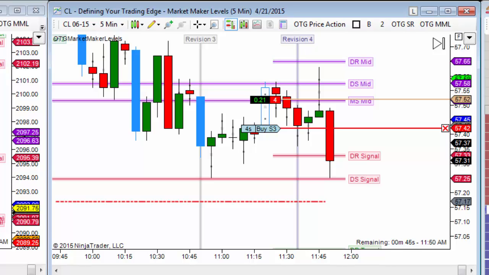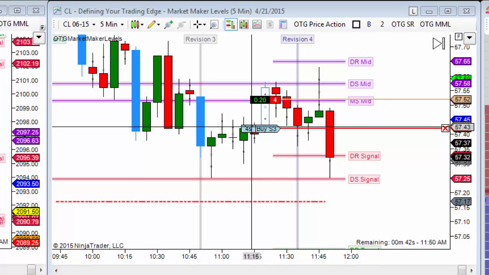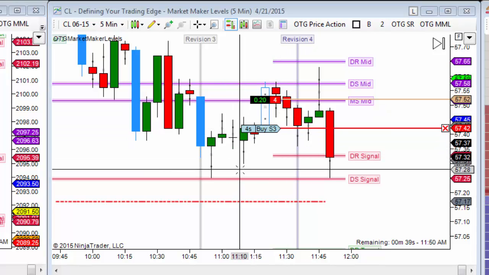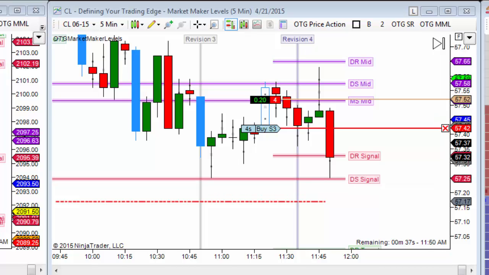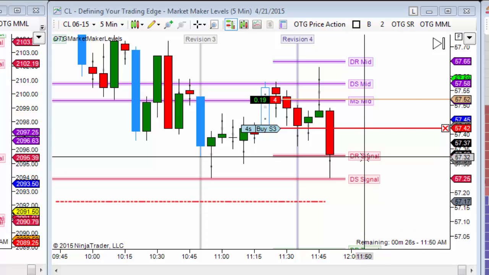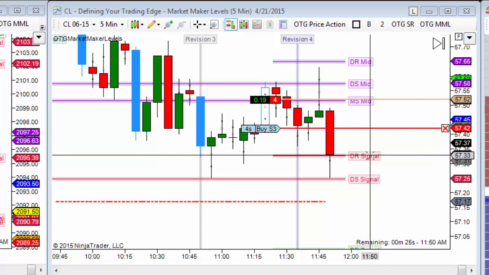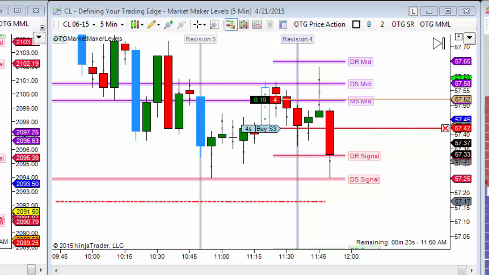So 32 or lower. I'd like to get below 38, even though that's not a level here now. 40 seconds here. I'd like to close below this revision signal at 33. So 32 or lower, really 30, which is the bottom or the top of this zone here.